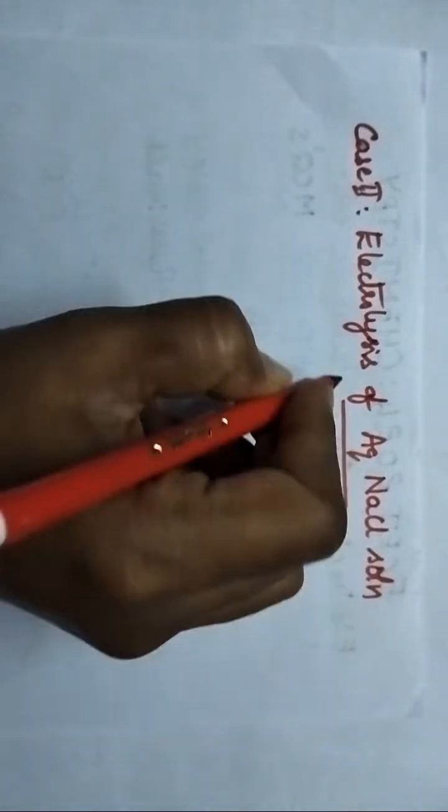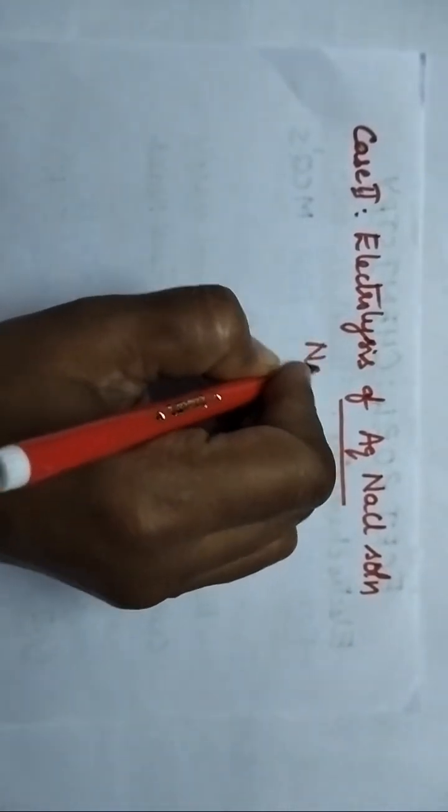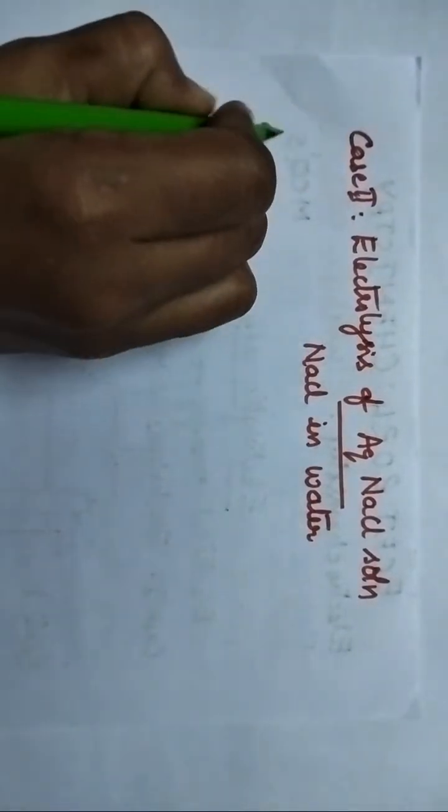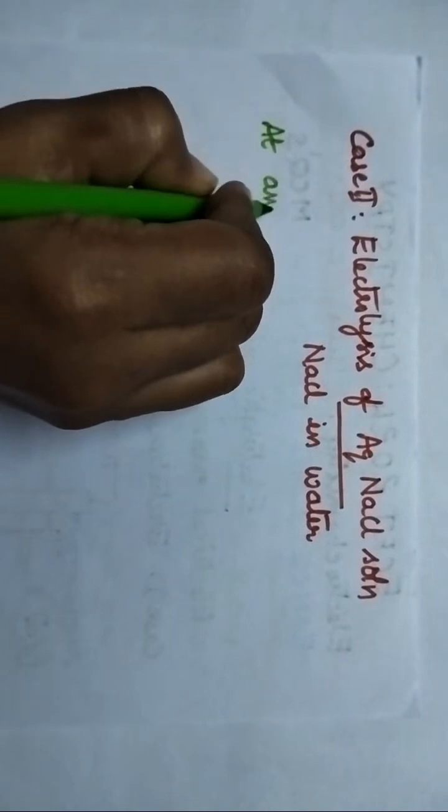Aqueous means it is nothing but NaCl in water. Let us see what reactions take place at the anode and at the cathode.